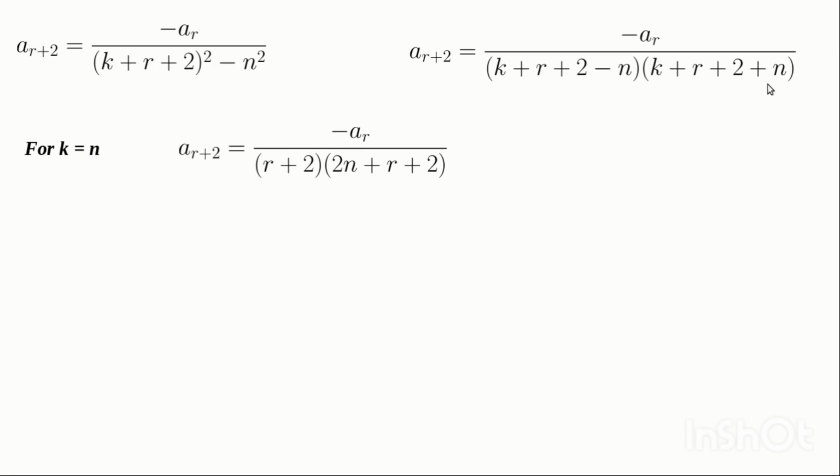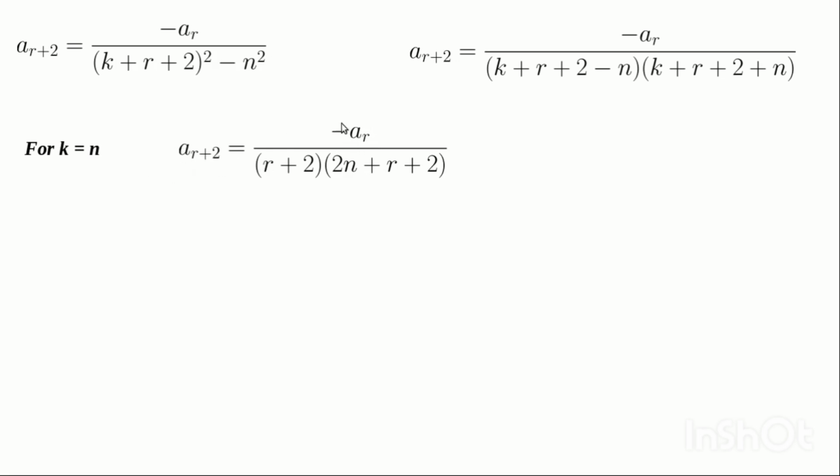N plus n will give us 2n. So at this point, if we know here to be a naught, this one will give us a2. If we know here to be a1, here will give us a3. If we know here to be a2, here will give us a4. That's the recurrent relation.